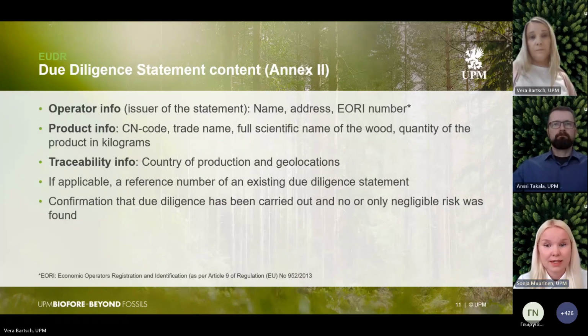So, in cases where our suppliers have already created due diligence statements, we need to refer to these statements when creating our own statement. Lastly, we need to confirm that due diligence has been carried out and no or only negligible risk was found. That was all from my side, and thank you for listening.